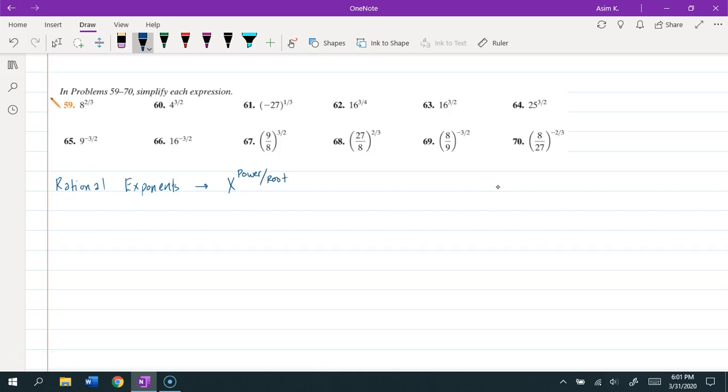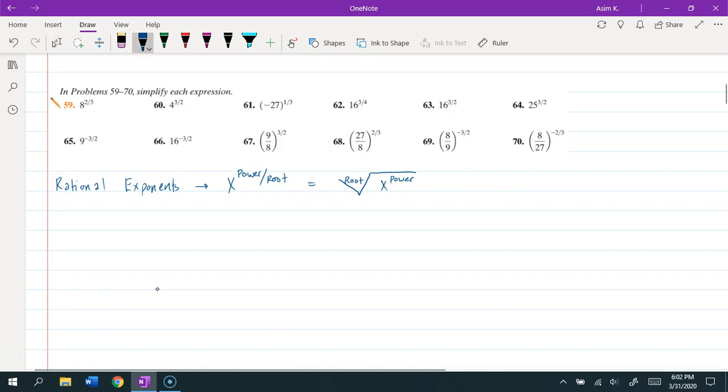Think of it that way. When I say power over root, what that really means is the number on the denominator of that exponent becomes the root, and the number in the numerator of that exponent becomes the power. That's why I generally tell students P over R, or power over root, okay? And I'll give you an example in a moment just to help you clarify all that.